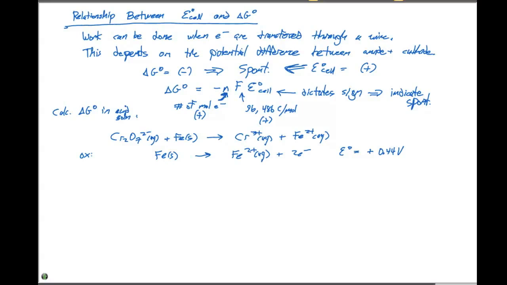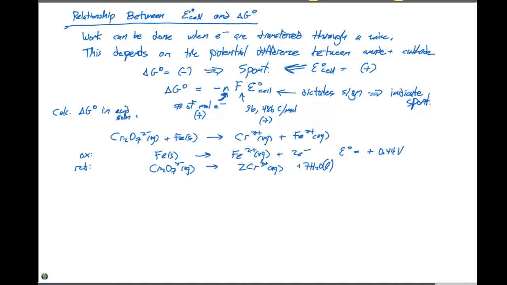The second reaction we have to look at, our reduction reaction, is going to be Cr2O7 2 minus, which is our dichromate, and that is going to break down into chromium 3 plus in aqueous solution. In this process, we need to balance out the waters. We need 7 waters on the right-hand side.